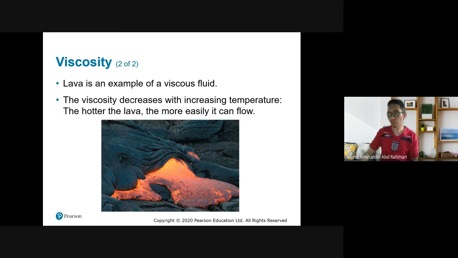When the viscosity decreases, it is having less resistance. So viscosity is like a resistance inside the fluid. When the viscosity decreases, it is like when you have a resistor. For example, this is your resistor.